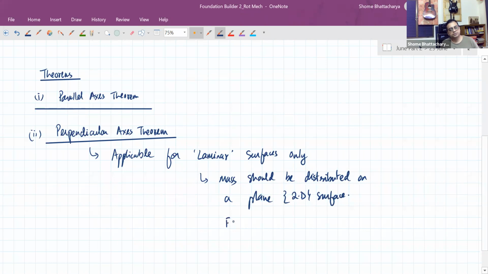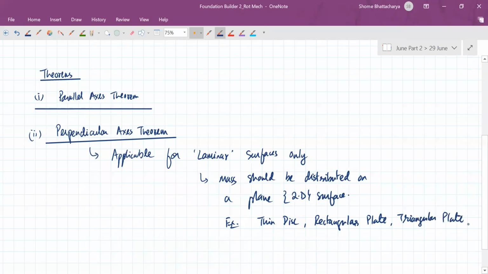Example, a thin disc, rectangular plate, or triangular lamina. These kind of situations.